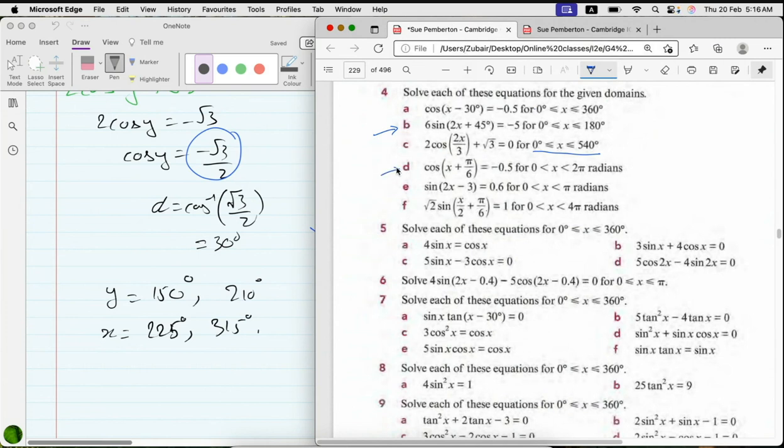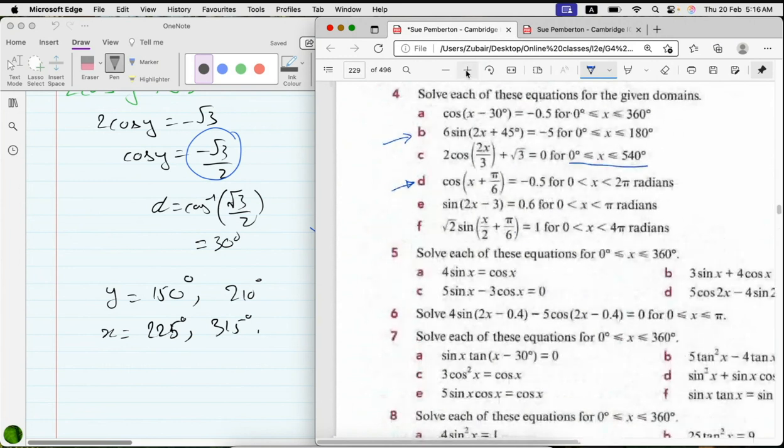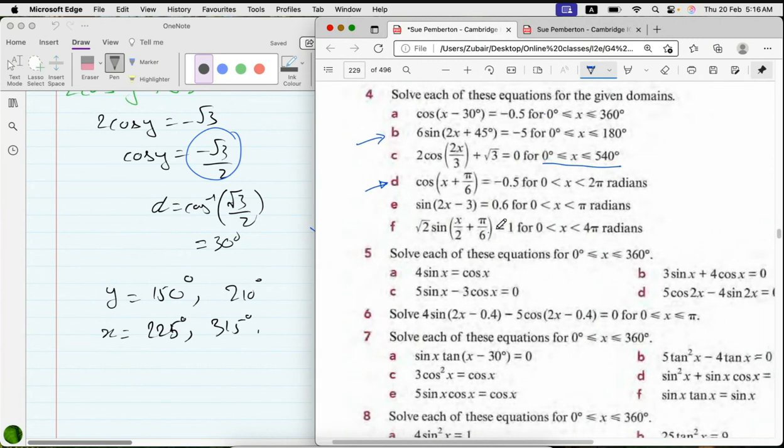Try D part and try to keep it in form of pi. Don't go for decimals or fractions. Keep as fractions or pi.